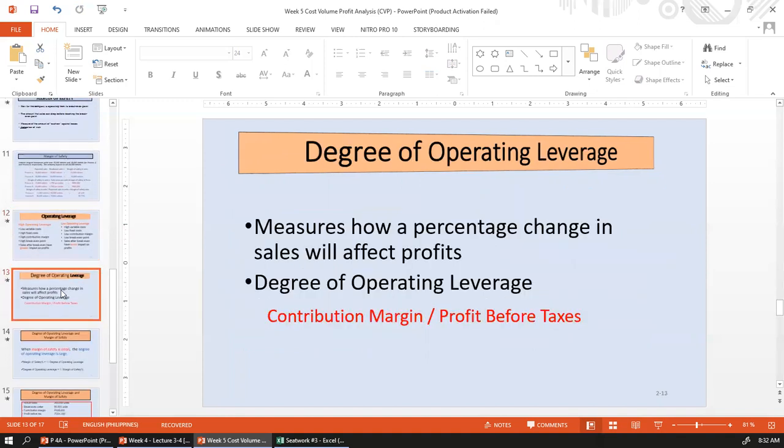So mababa na yung contribution margin if your variable cost is high. Okay. Now we compute for the degree of operating leverage. It measures how a percentage change in sales will affect profits. So the formula for degree of operating leverage is contribution margin divided by your profit before taxes.